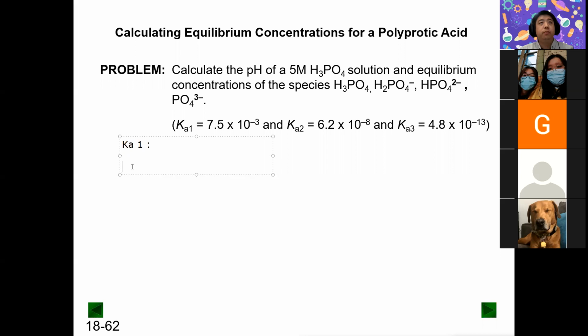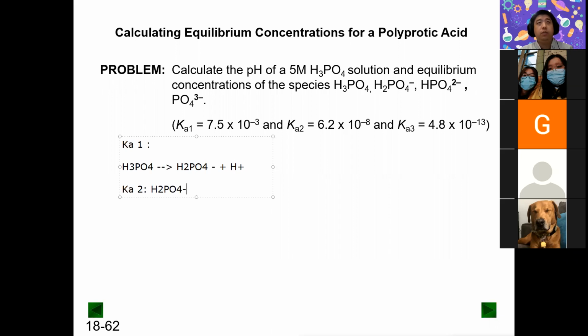All right, so for the first one here, I have H3PO4, and that is going to eventually change into H2PO4 minus, and then it's also going to change into H3O plus. Or I guess in this case, we could just write it as H plus, to make it easier. Now, I'm also going to set up Ka2, so you can see the general equations here.